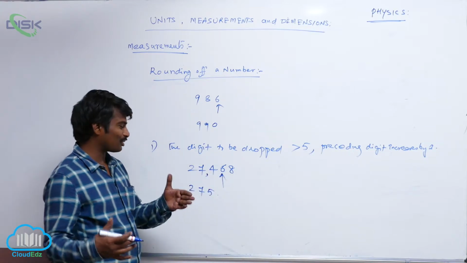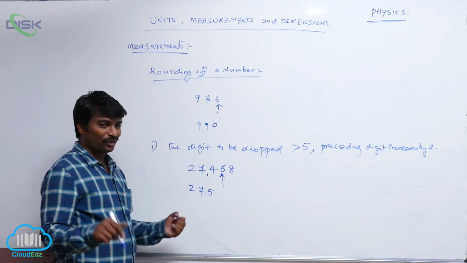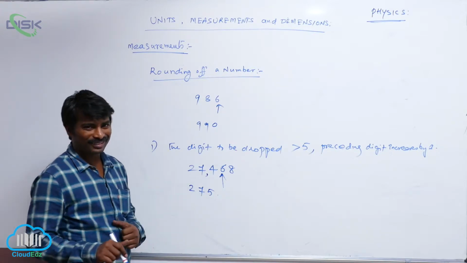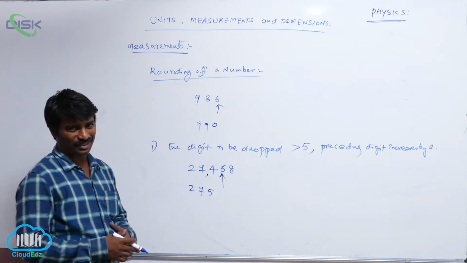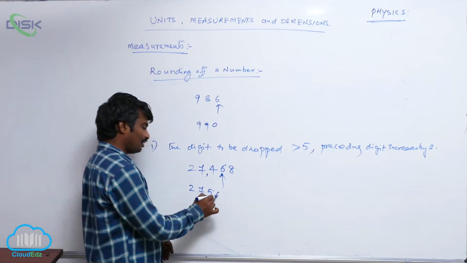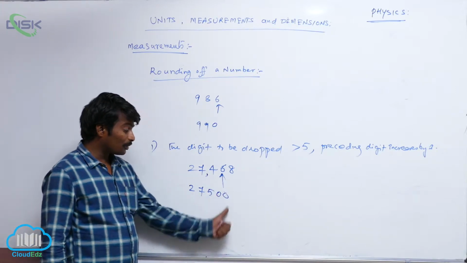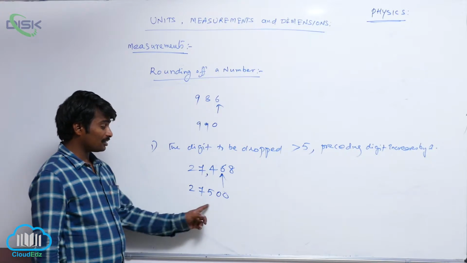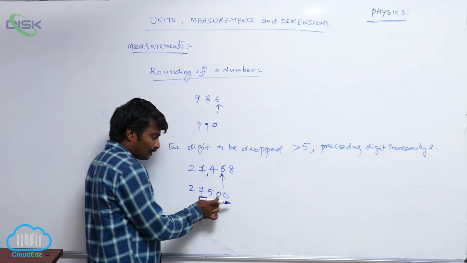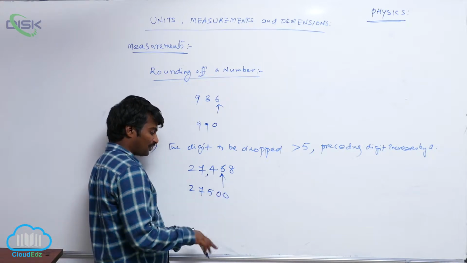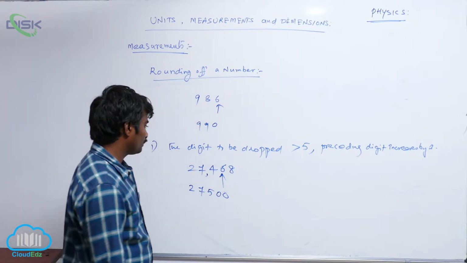Suppose we take this as rupees, if we give you 275 rupees after rounding off, will you accept? You don't, because the number itself changes much. That's why you have to keep zeros in the place of the dropped digits, so as not to change the value. Of course, these 2 digits are insignificant because this number does not have any decimal point.